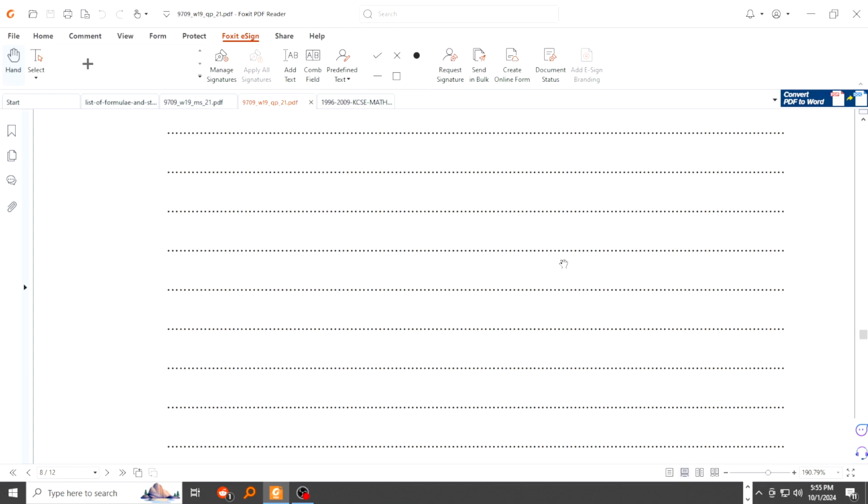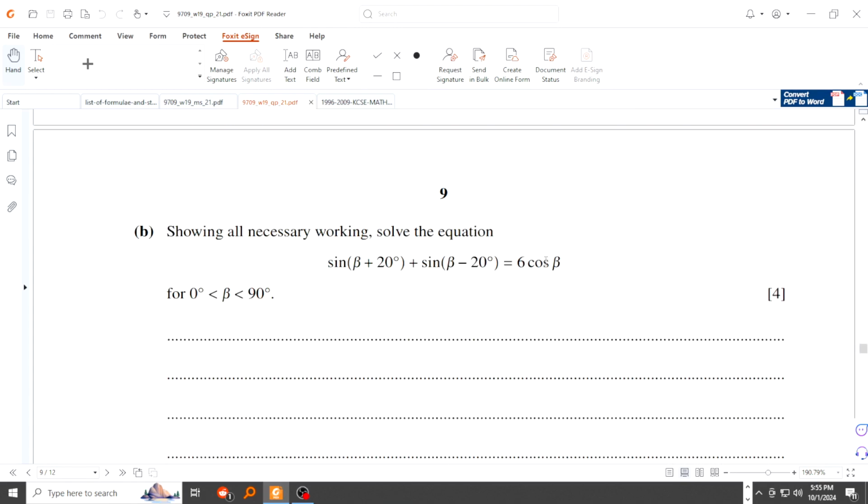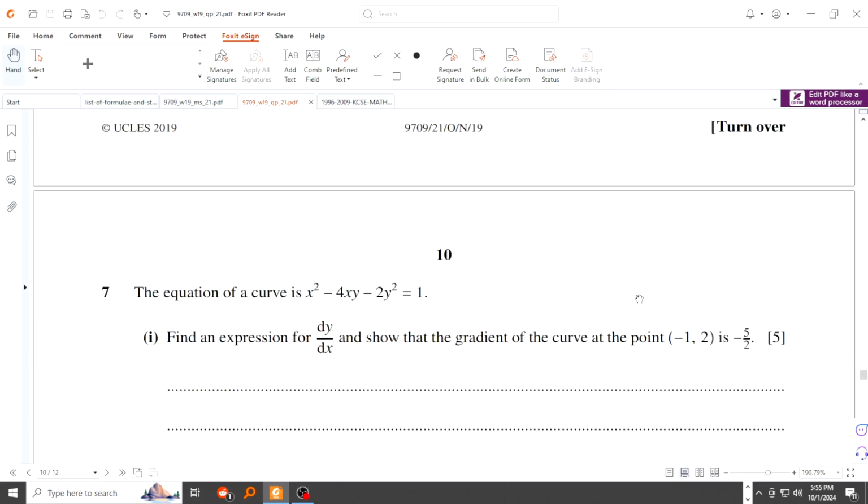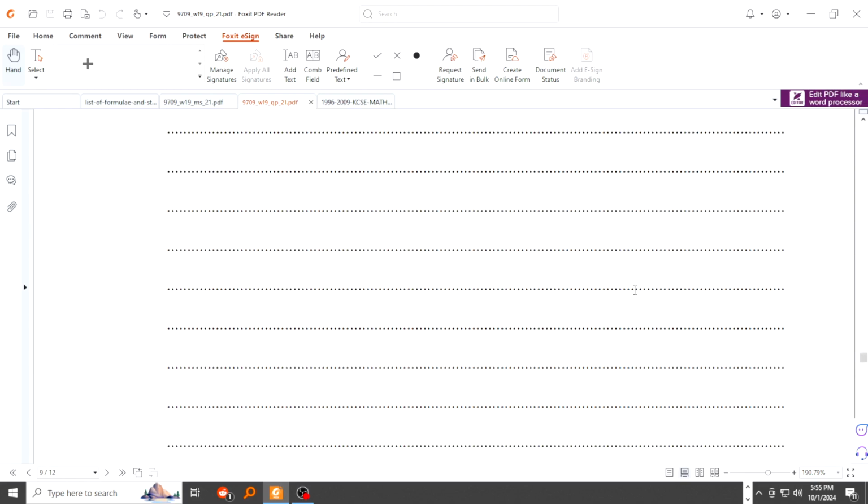That's 5 marks. Then part B: showing all necessary working, solve the equation sin(beta + 20 degrees) + sin(beta - 20 degrees) = 6 cos beta, where beta is within the range 0 to 90 degrees. That is 4 marks. So this is the question of interest today, and straight away we move to the solution.